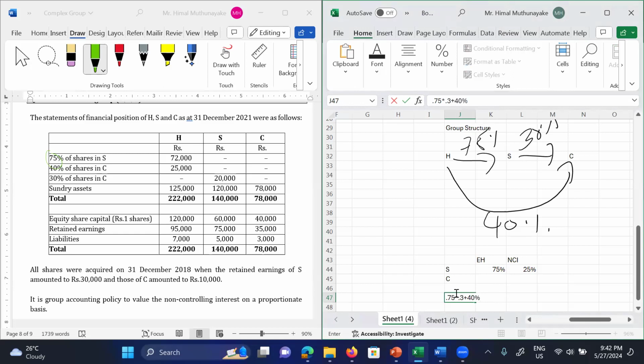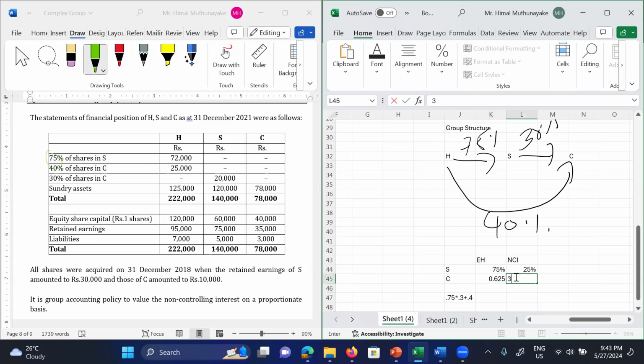So I'm writing that calculation here: 75 multiplied by 30, open the bracket and close the bracket, plus 40. 62.5 is the effective holding.